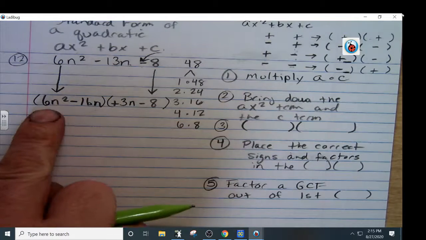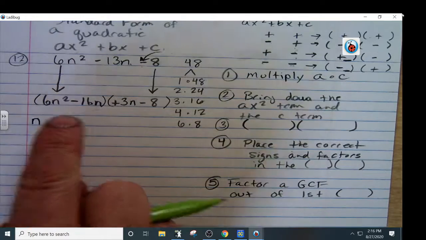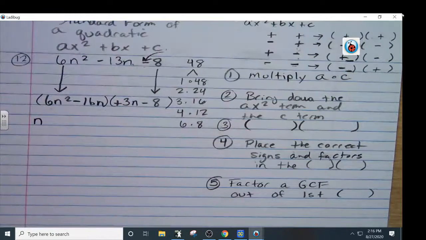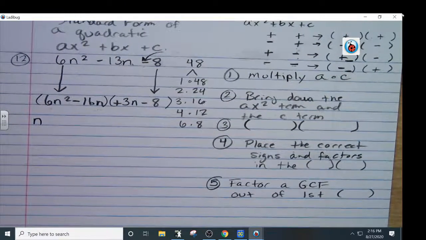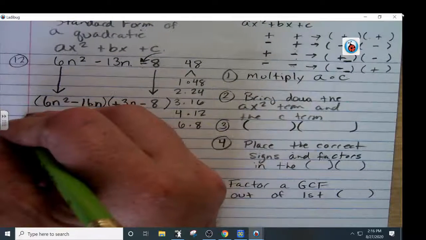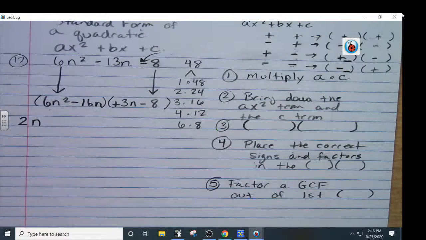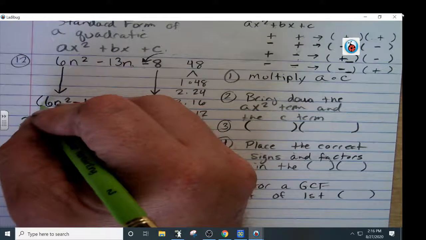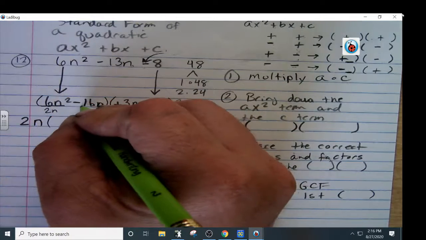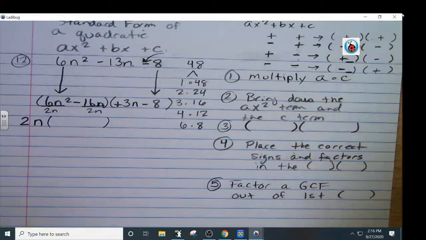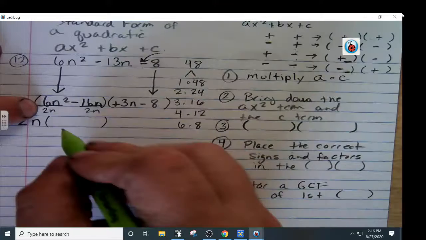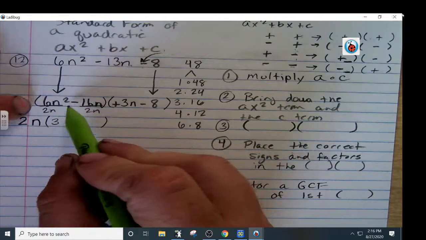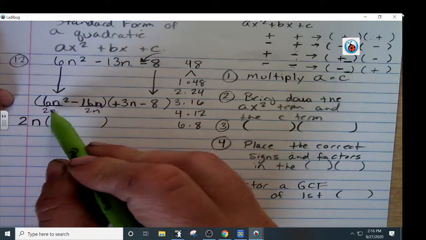Now, what's the largest number that will go into 6 and 16? 2, right? Good, Carter said 2, right? Now, guys, all I'm doing right here is getting a GCF out. We've already done this before. All right, now, when I divide those by my GCF, what's left? 6 divided by 2 is 3. n squared divided by n, subtract the exponents, right?